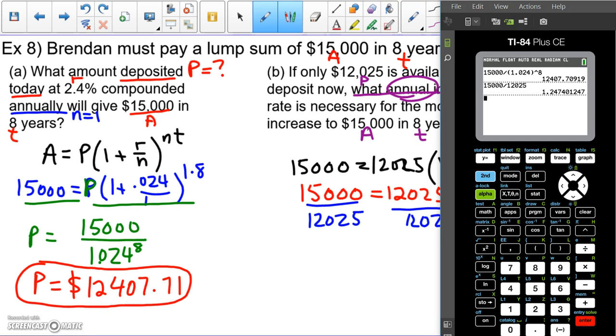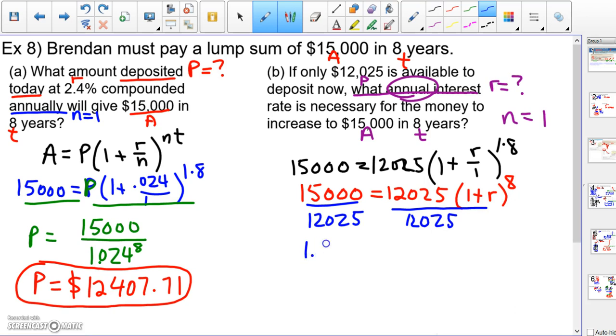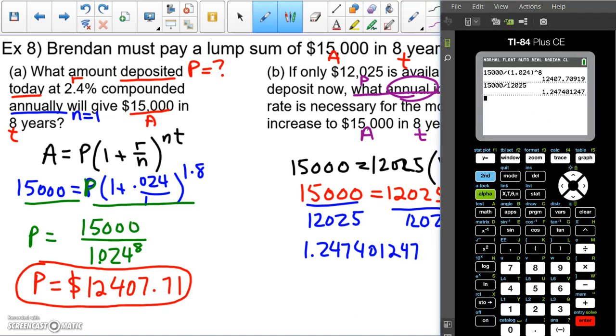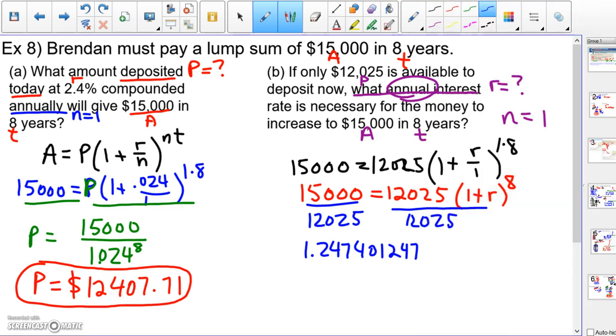And that is not the answer, but it gives 1.247401247. I think that's what that said. You don't have to write down the whole thing, but I would leave that number in the calculator. We're going to use it later.